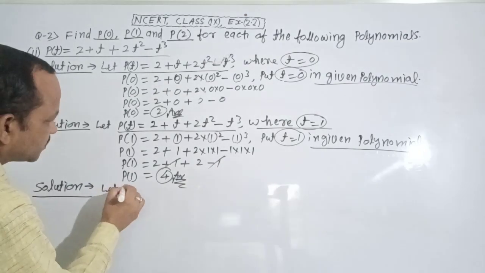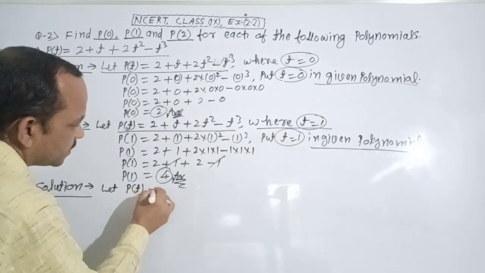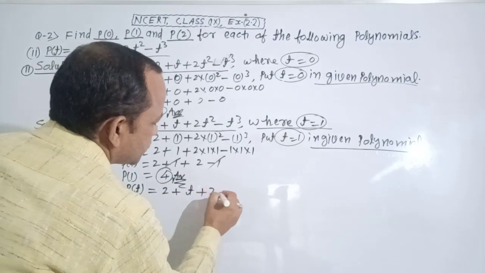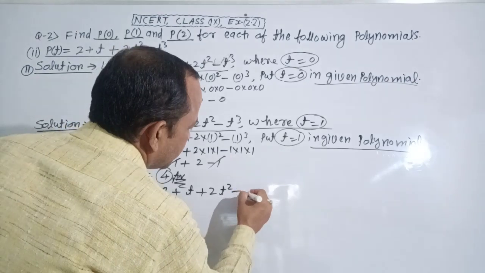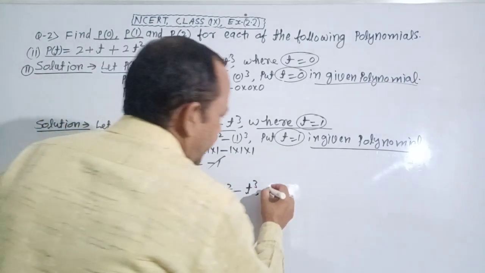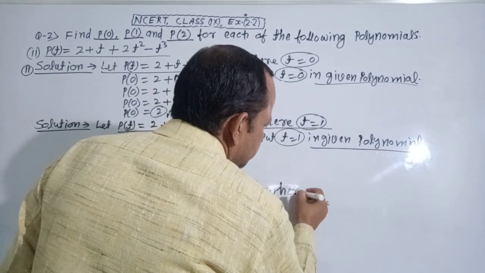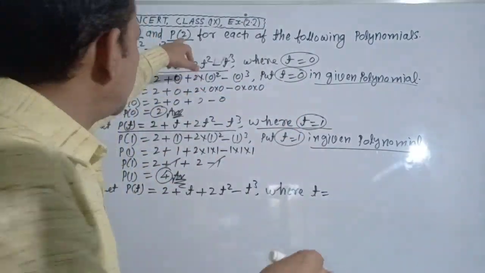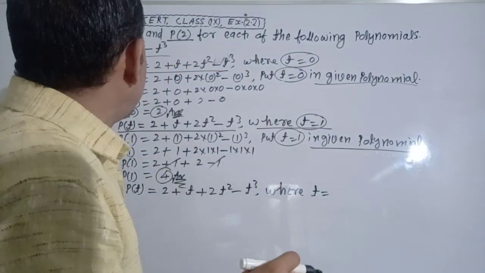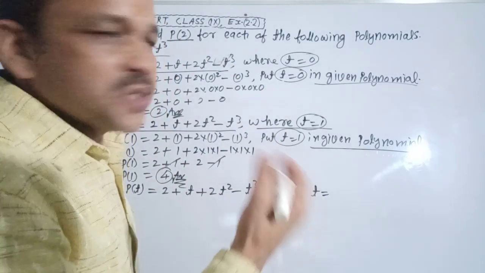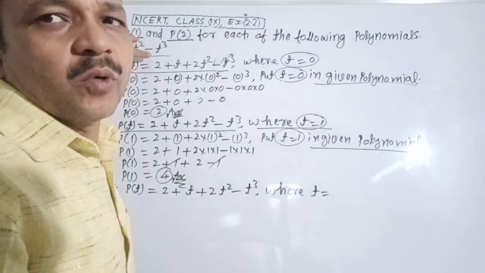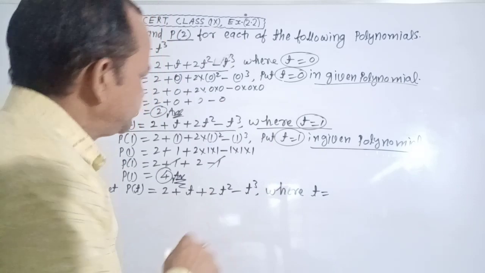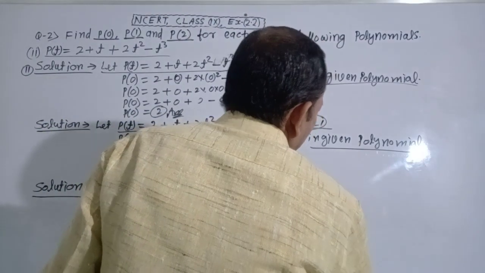Let p(t) equal to 2 plus t plus 2t square minus t cube, where t equal to, next time you put t equal to 2. First time you put t equal to 0. Second time you put t equal to 1. And third time t equal to 2. Clear? t equal to 2.